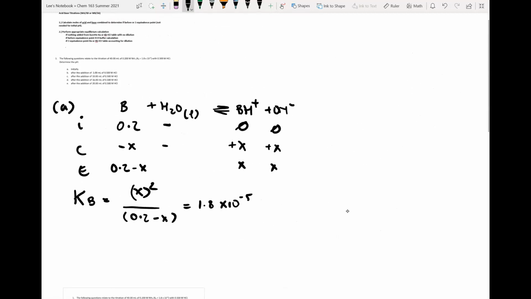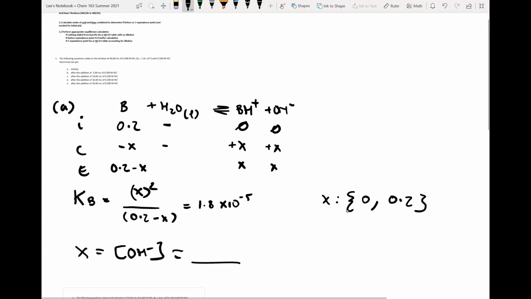So what do we know about x? Well, x has got to be somewhere between 0 and at most 0.2. So I'm going to go ahead and put that into my solver, and I'm going to get x, which will be equal to my hydroxide ion concentration because I'm doing a Kb ice table.